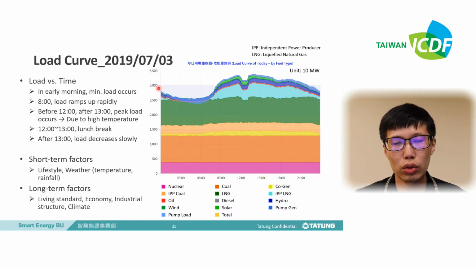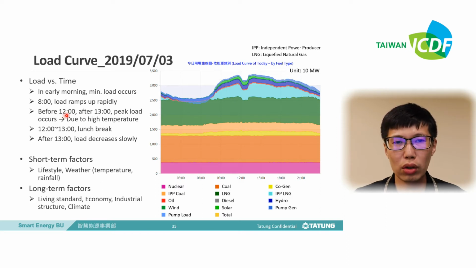And the load is like this. We can see the minimum load occurs in the early morning. And at about 8 o'clock, the load ramps up rapidly.